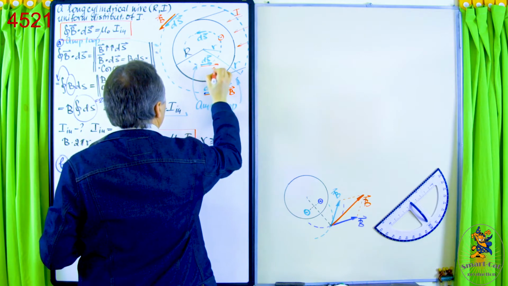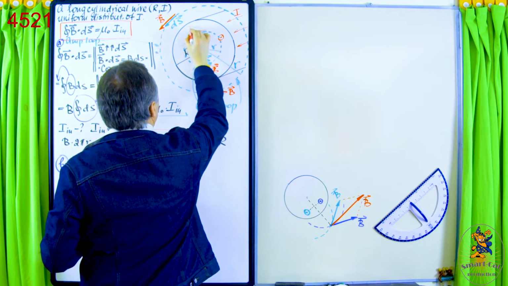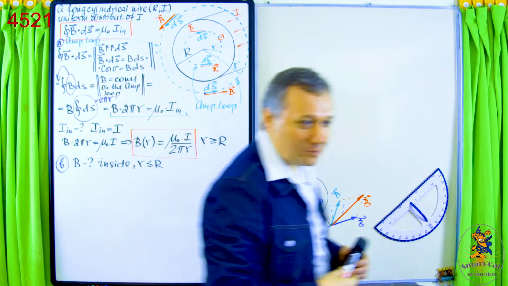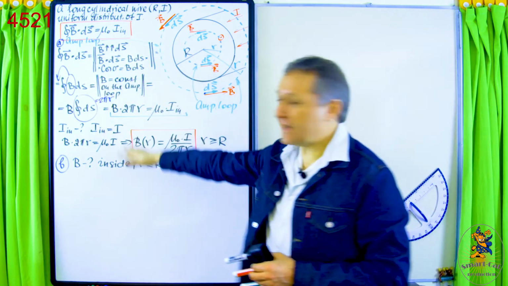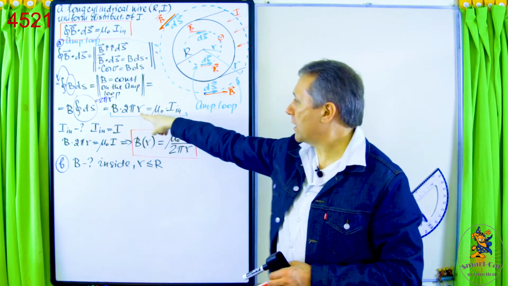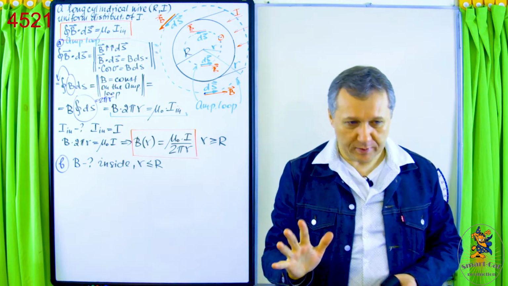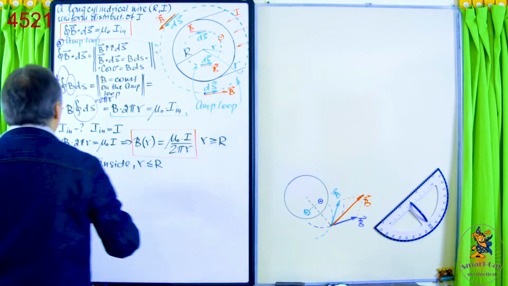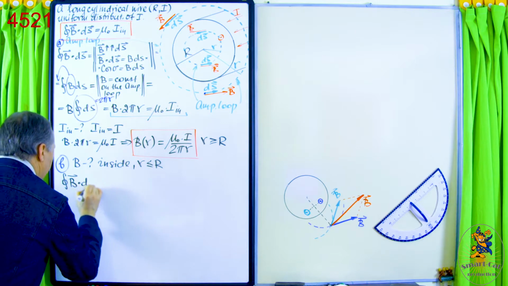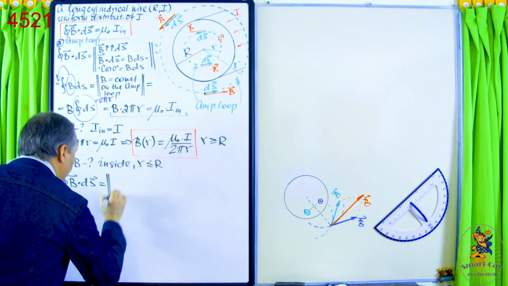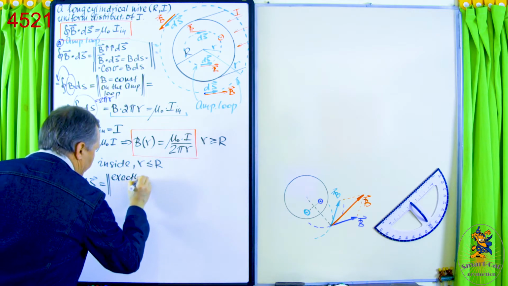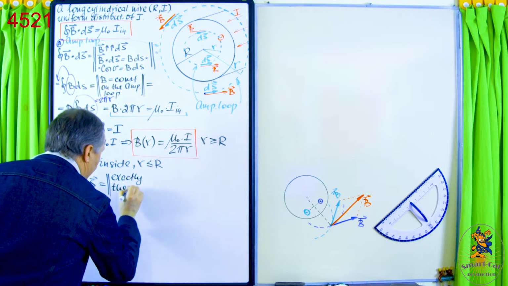So it will be B for part B, again B for part B. Exactly the same steps up to this point, so I'm not going to repeat them. I will just write the integral of B dot ds, and I will open my explanation box and write: exactly the same steps.